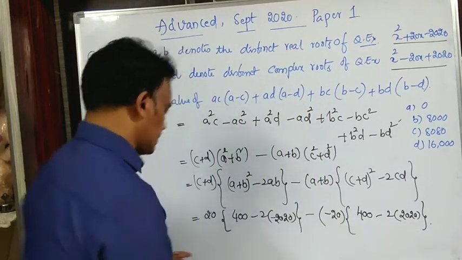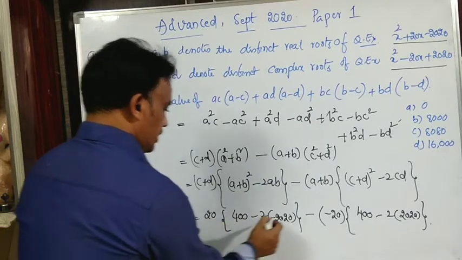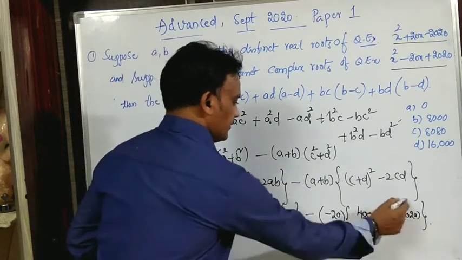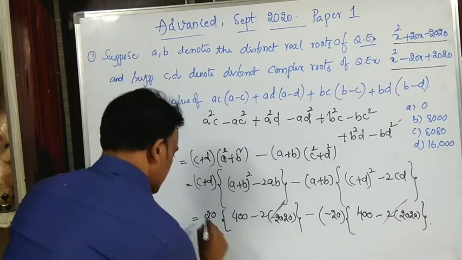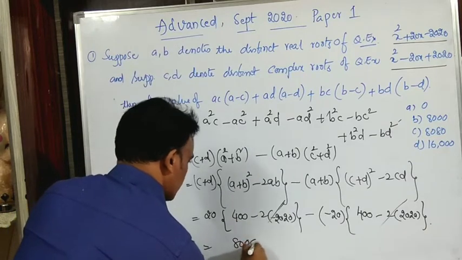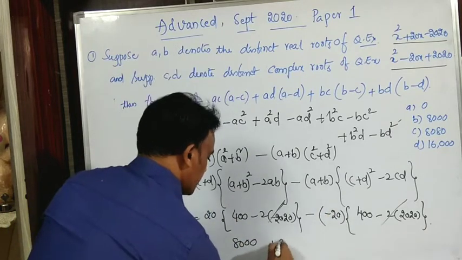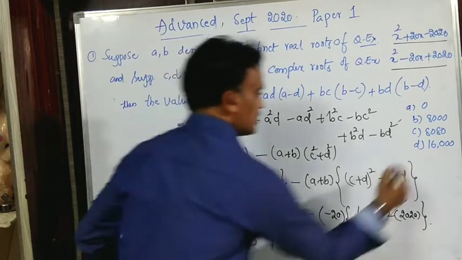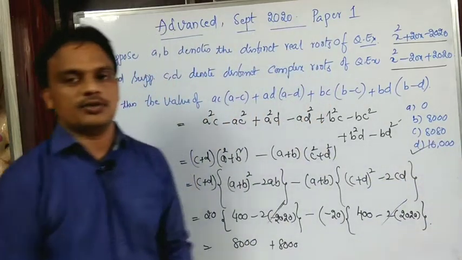These terms get cancelled, and we get 8,000 plus 8,000, so your answer is 16,000.